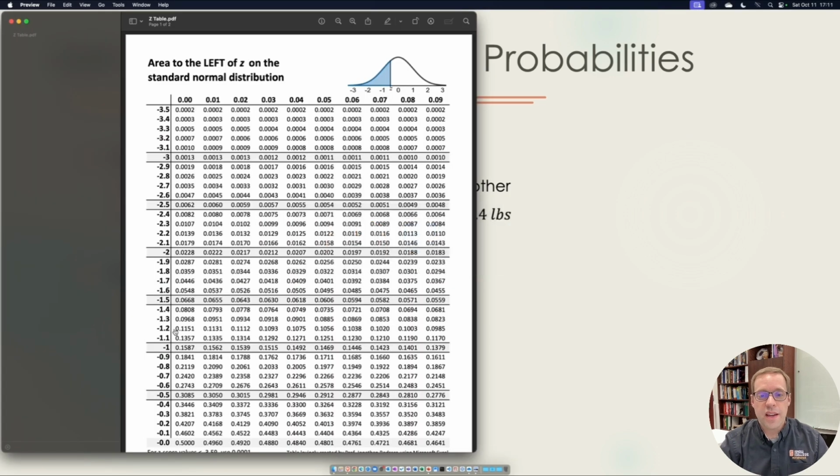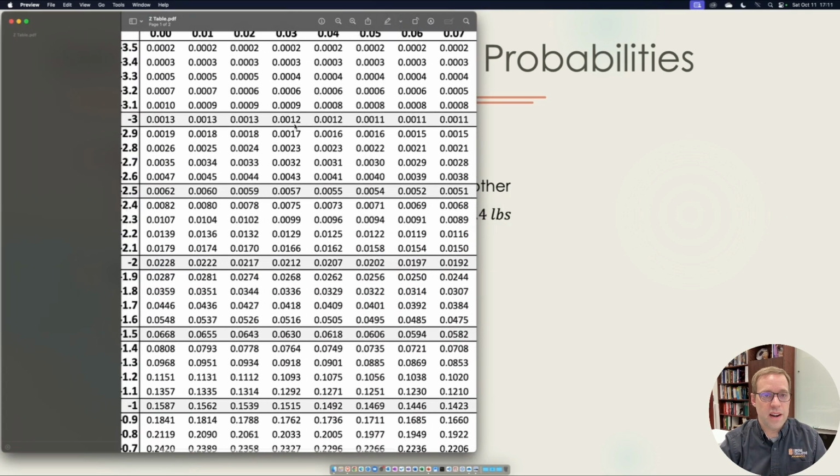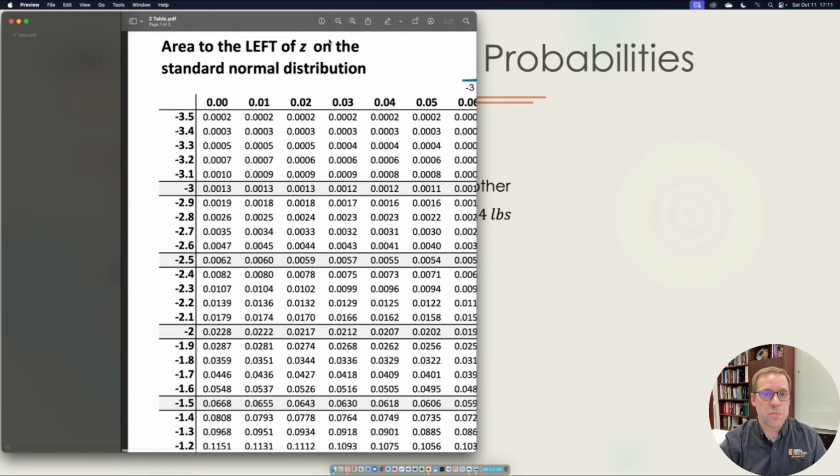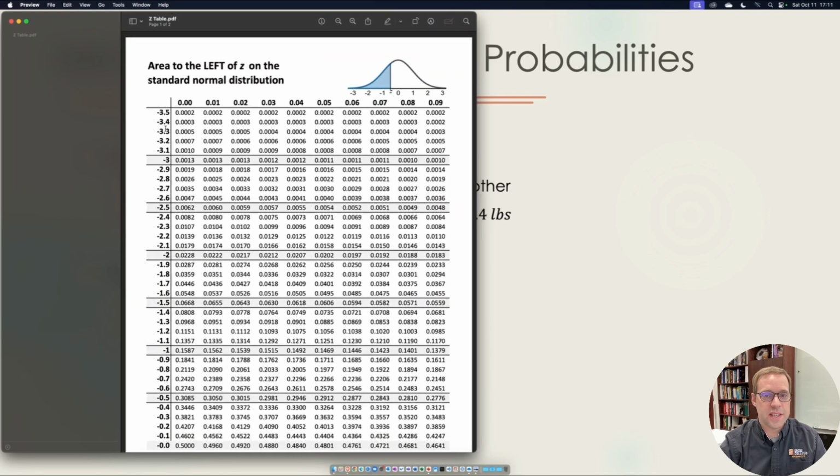Okay, so let me pull up my z-table here. Let me zoom in. Now, remember how we used this before. We found the z-score, and then we took it up to the first decimal point here, and lined it up with the second decimal point. That would be the area or the probability.